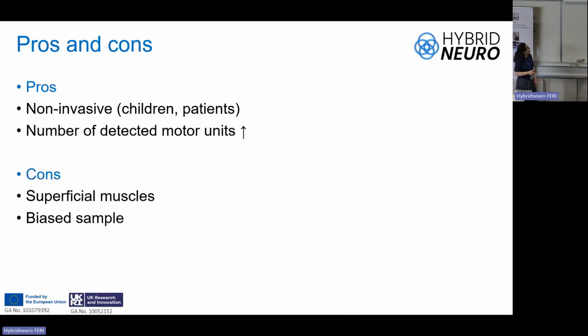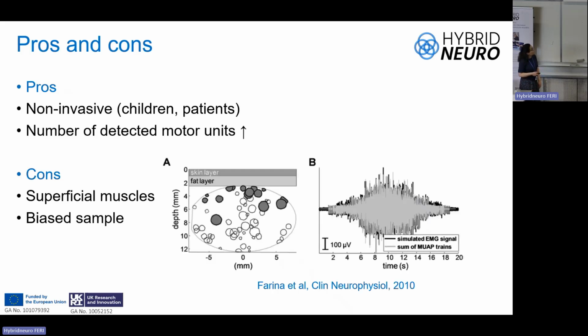But there are also some disadvantages. We can use surface EMG to record from superficial muscles, and you have heard many times in the past days that the units you detect are the more superficial ones, with a large action potential. What you have in this image is a simulated signal, the dark one, obtained from these active motor units.